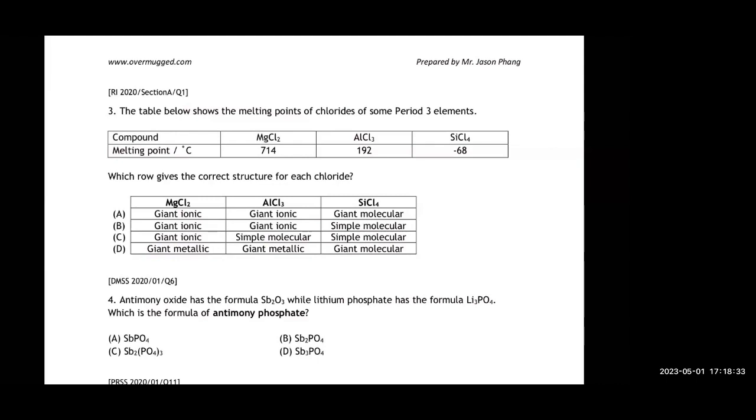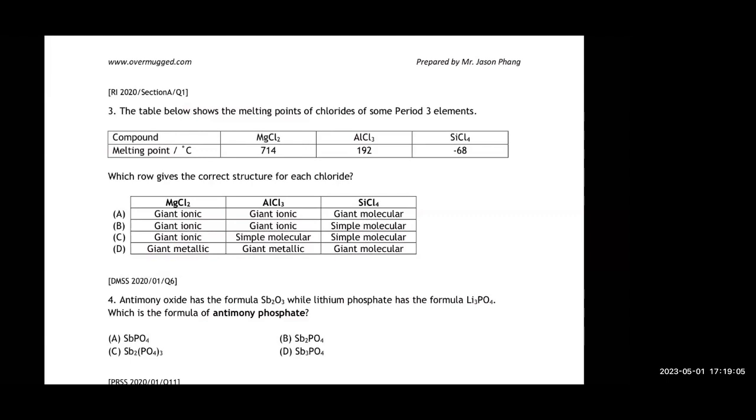Why is it C? Okay, very good. Right, answer is C over here. Diionic, simple molecular, simple molecular. C for common, C for correct.